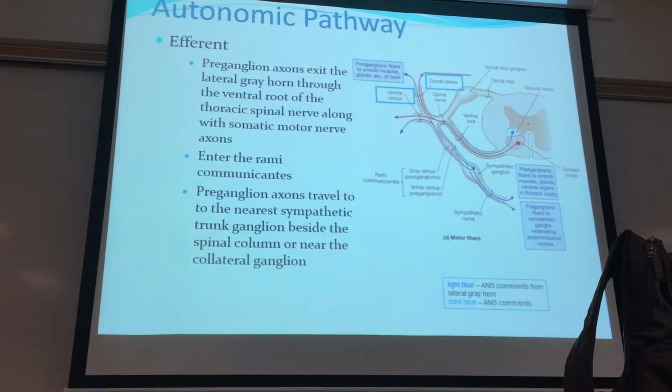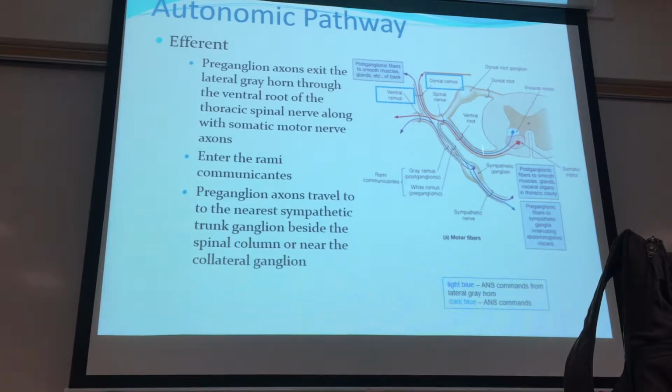So let's take a look at that efferent pathway from the lateral gray horn out to the ganglion. Looking at this pathway, you can see the same rami that we looked at earlier in Thursday's lecture. You'll see the dorsal rami, the ventral rami, and the rami communicantes.